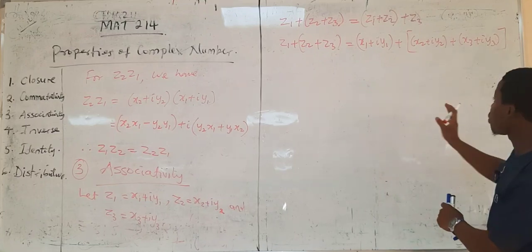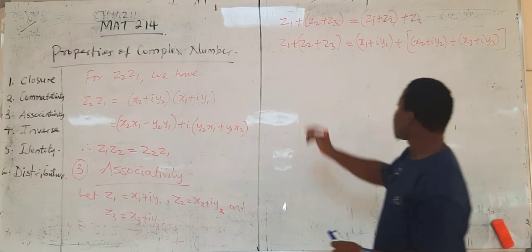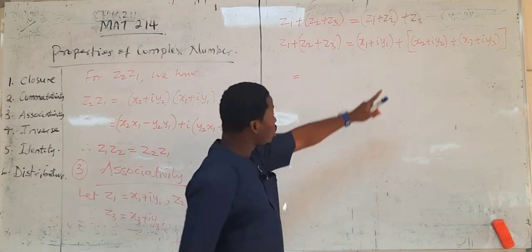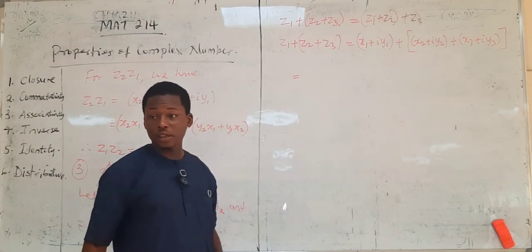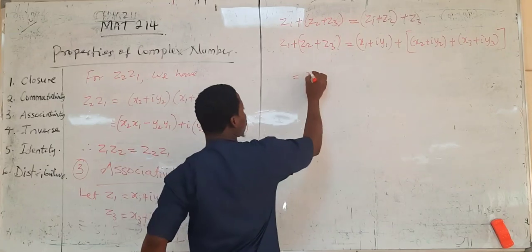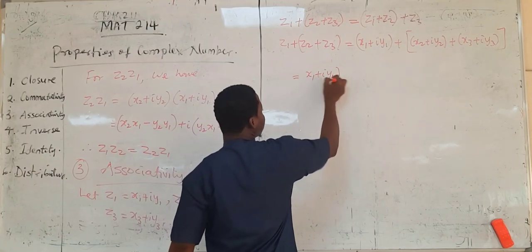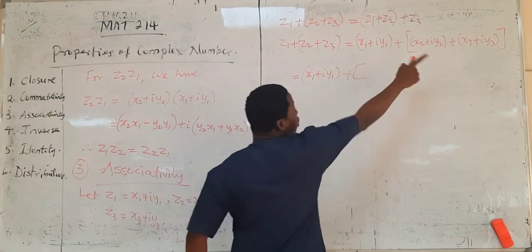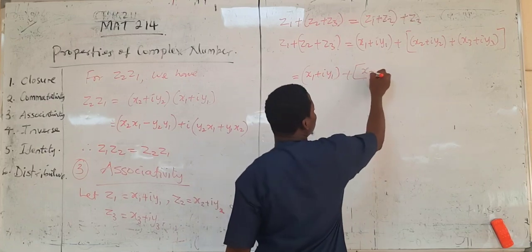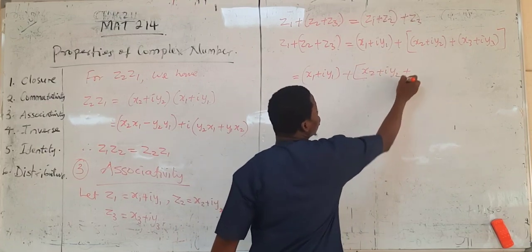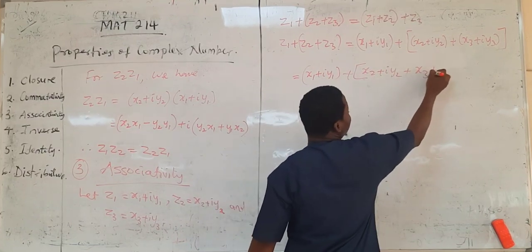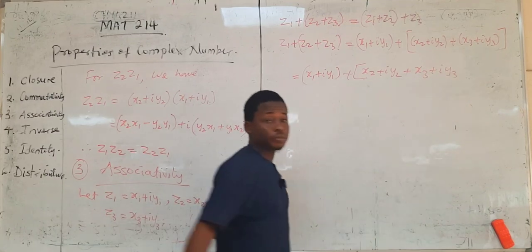So this is what you have here. Now we need to open the bracket. So we have x1 plus iy1 plus, so here is x2 plus iy2 plus x3 plus iy3.